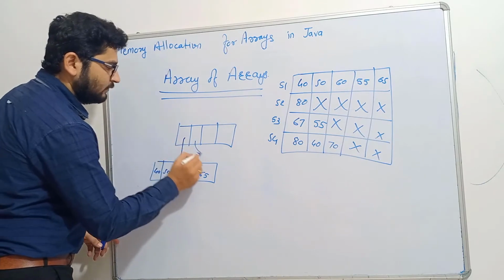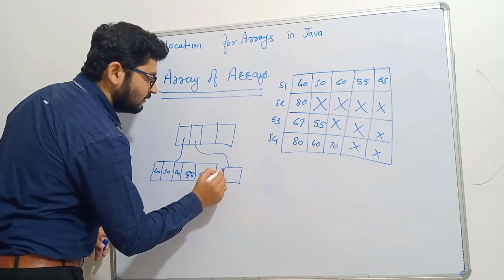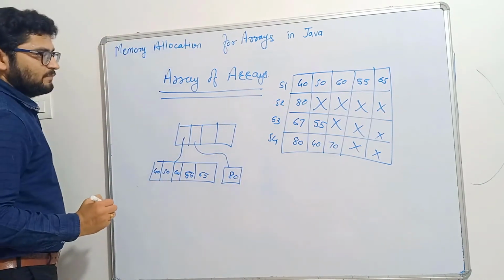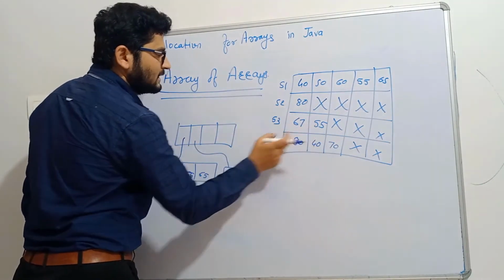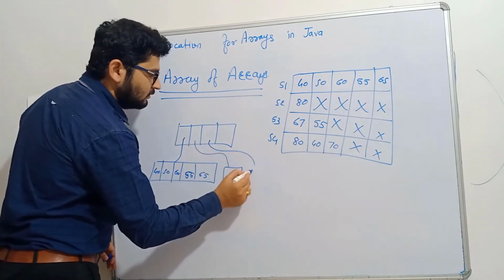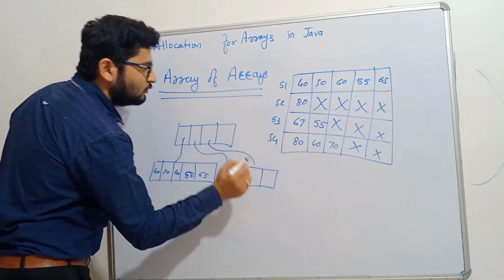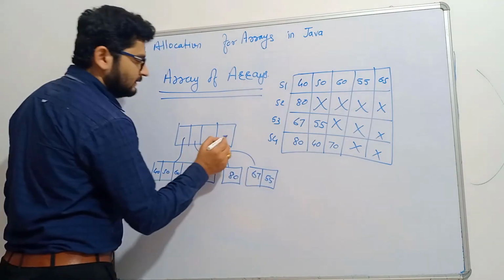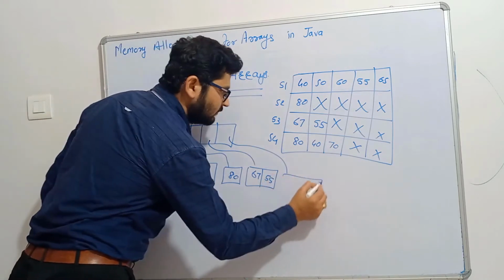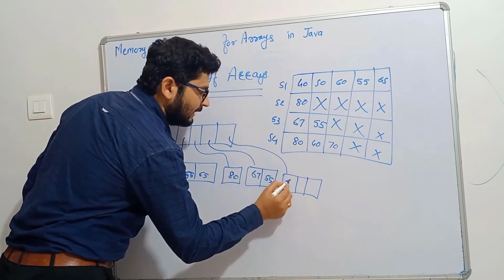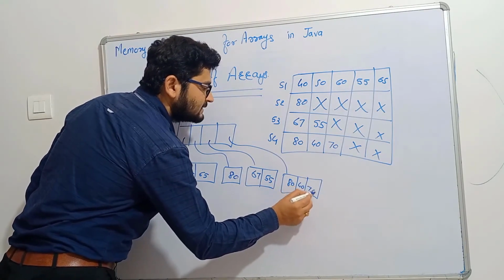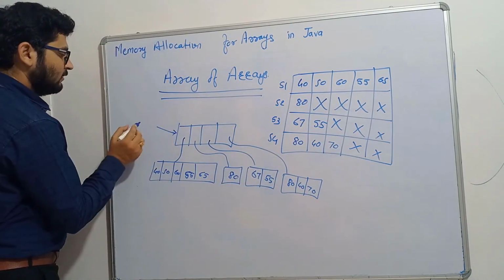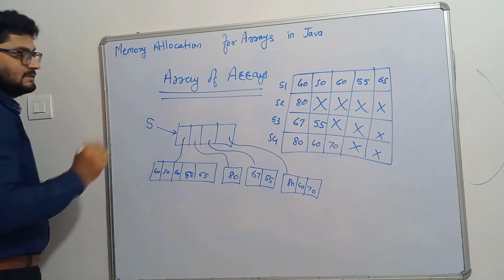This second element will be an array of only one element because I have to store only 1 mark. Then I have to store 2 marks for S3, so this will be an array of 2, that is 67 and 55. And S4 will be an array of 3 where 80, 40 and 70 are stored, and that complete structure is pointed to or referred by this S.